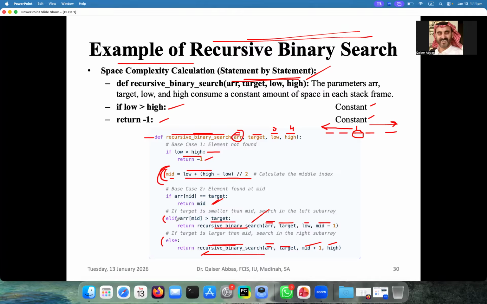If the size of the array is 5, then it will execute log of n times, no worry. For 5, how many operations? 2 or 3. Same way, here recursive calls are 3 recursive calls. This recursion is behaving exactly like loops, but using stack.